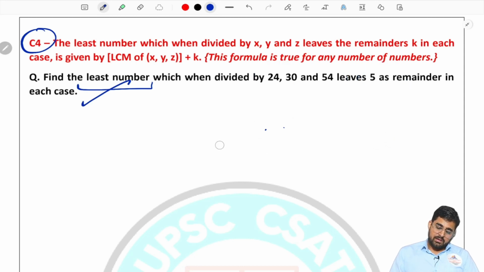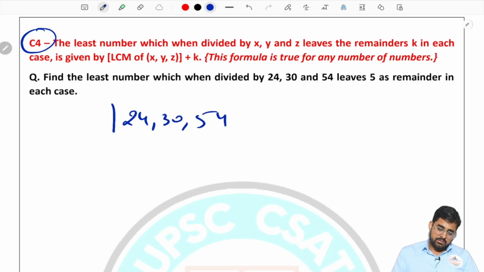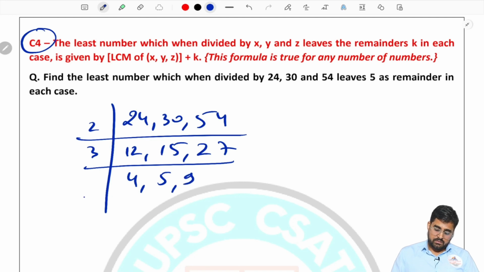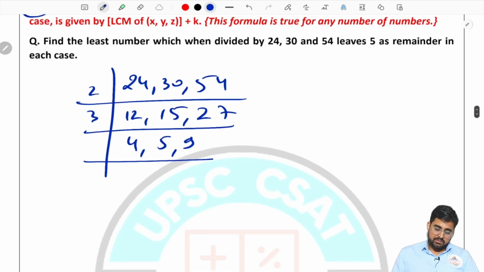Now enough talking, let's do it. So we are talking about 24, 30 and 54. Take the LCM. 9. I don't think there is any more. Okay, let's calculate.